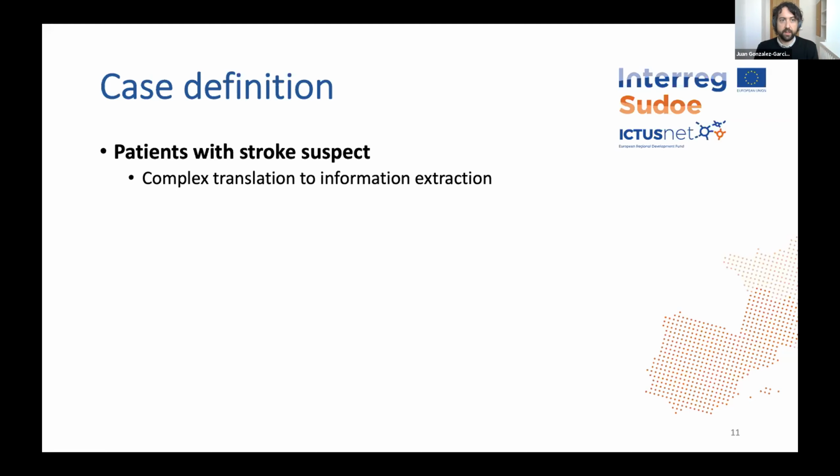The original analysis was from the year 2017, but the very basic definition is patients with a stroke suspect. The reality is that this very simple definition results in a very complex way to extract data.